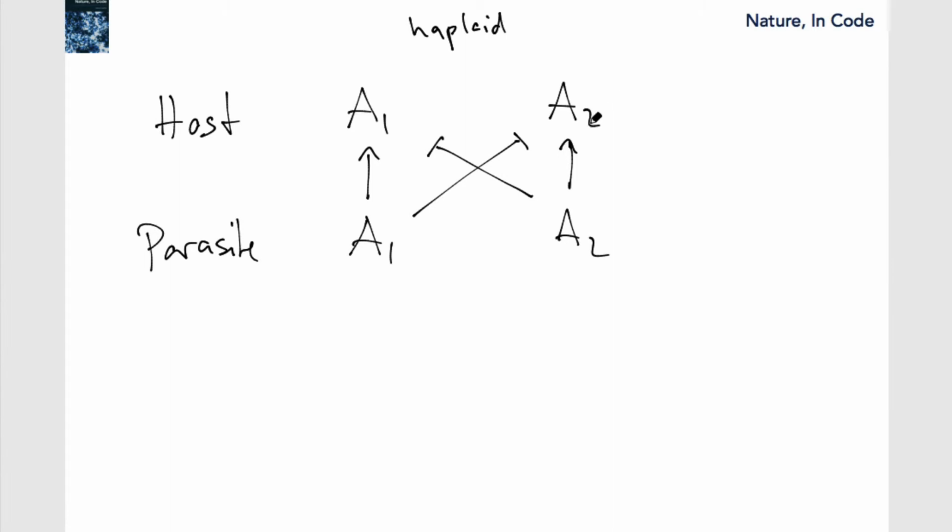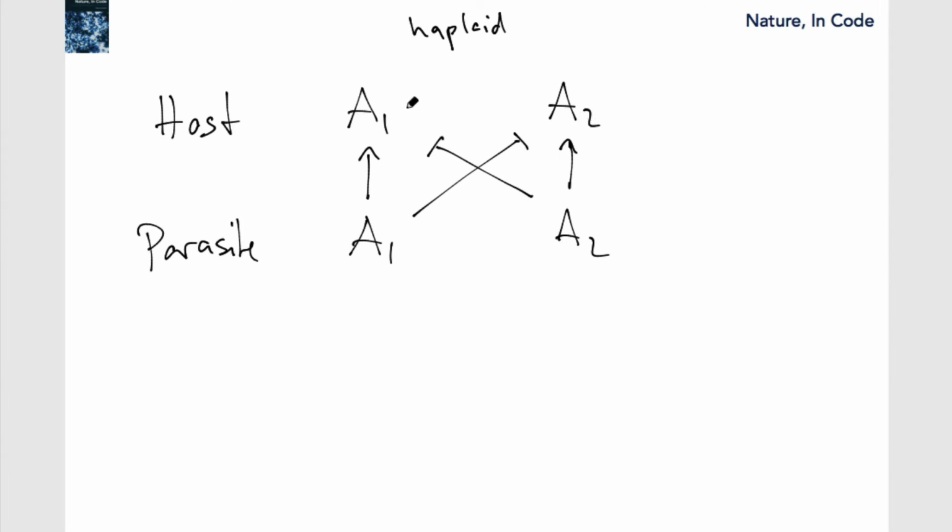Now, that's great for this A2 host, but it's not great for this A1 parasite, right? Because the A1 cannot infect the A2 host. However, the A2 parasite can. And so, in the parasite population, the A2 parasite has now a much higher fitness than the A1 parasite. So the A2 parasite will increase in frequency because it can infect the common host here.